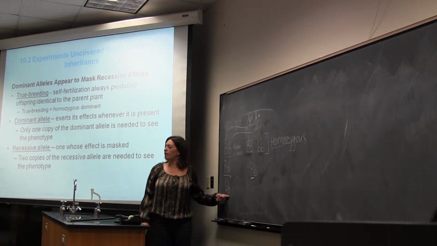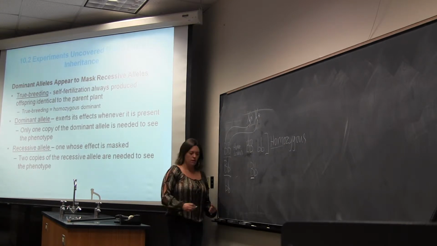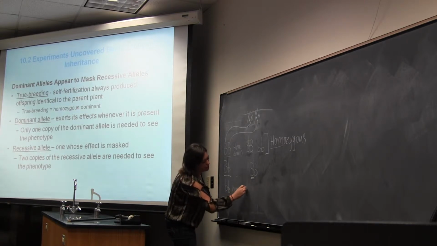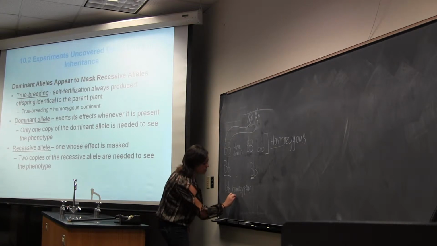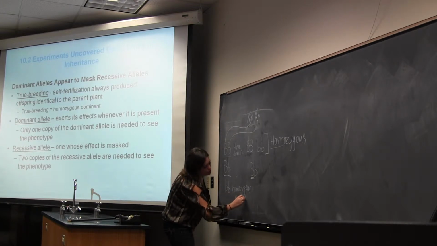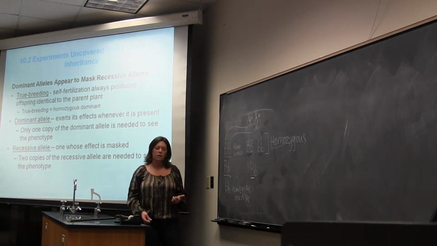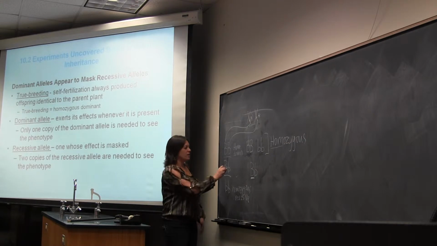What do you think this guy right here would be? Homozygous recessive, right? It's still homozygous because they're both the same. So this guy's going to be homozygous recessive, recessive because we're talking about the recessive traits. And the guys in between, those that have one big B and one little b, are heterozygous. Hetero means different.